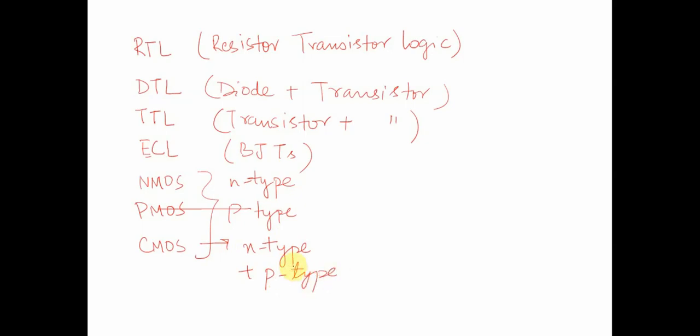So as an example, if we start looking into various characteristics of these logics, I would want to tell you about how we compare three particular logics. Basically, if I just pick up TTL, ECL, and CMOS, and we have to evaluate how TTL, ECL, and CMOS compare against each other on the set of different parameters which we spoke about: fan out, noise margin, propagation delay, and TDP.